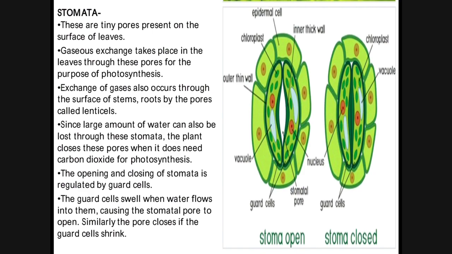You all know this is a pore, so from these pores a large amount of water can be lost. To prevent this, there are guard cells that help in closing and opening of the stomata as required.